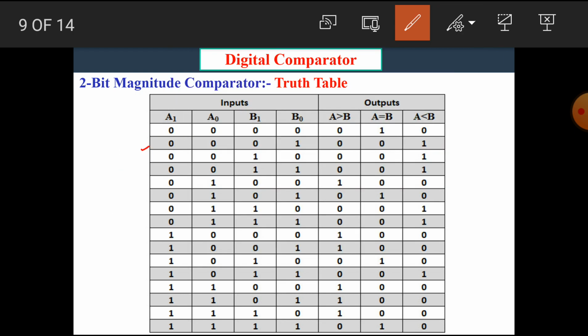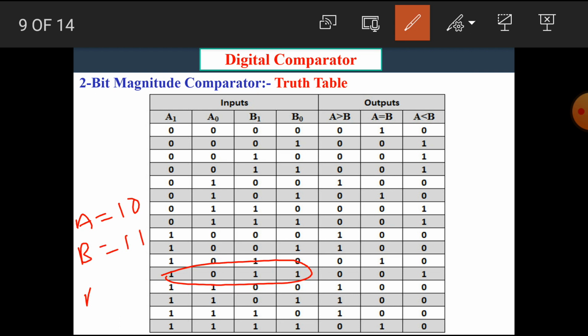In the next case, A has the value 0 0 and B has the value 0 1. In this case, we can see that B is greater than A, or A is less than B, hence we get 1 here. Similarly, we can draw the whole truth table. Let's consider this situation. A has the value 1 0 and B has the value 1 1.